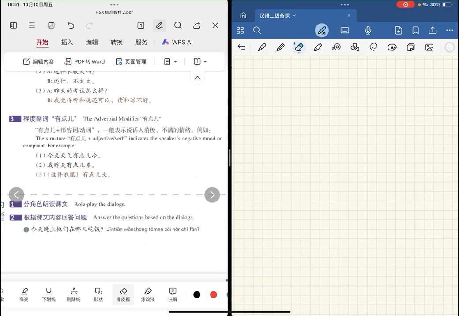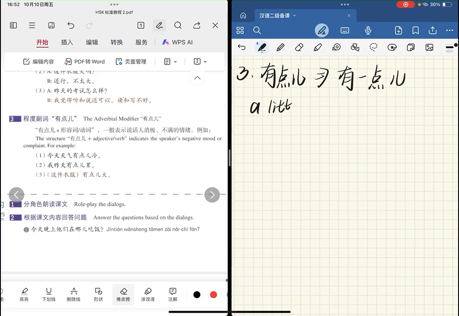Okay, let's see the last grammar point: 有点儿, or we can say 有一点, a little bit. 有点 and 有一点 have the same meaning, and usually the 儿 can be omitted.